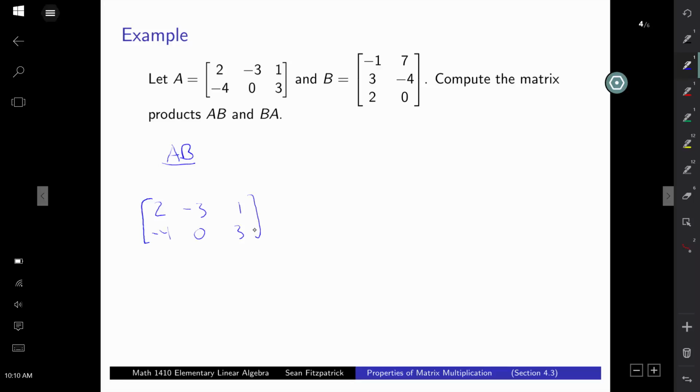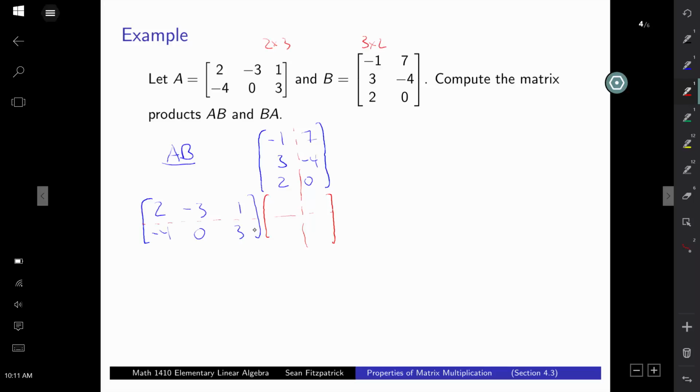So there's A. B goes on the right, but I slide it up: minus 1, 7, 3, minus 4, 2, 0. So we've got 2 rows on the left, we've got 2 columns on the right, and the product has 2 rows, 2 columns, as it should. I'm doing a 2 by 3 matrix times a 3 by 2 matrix.